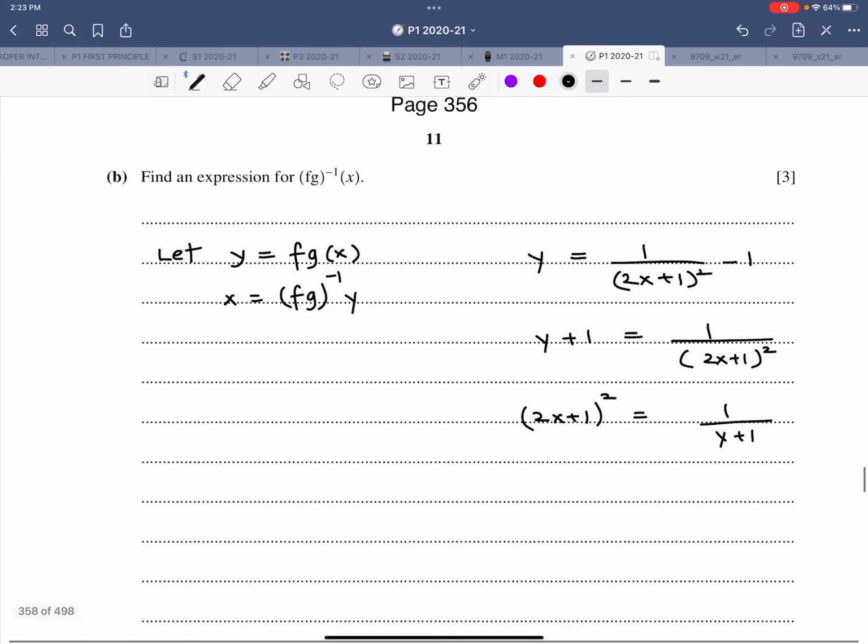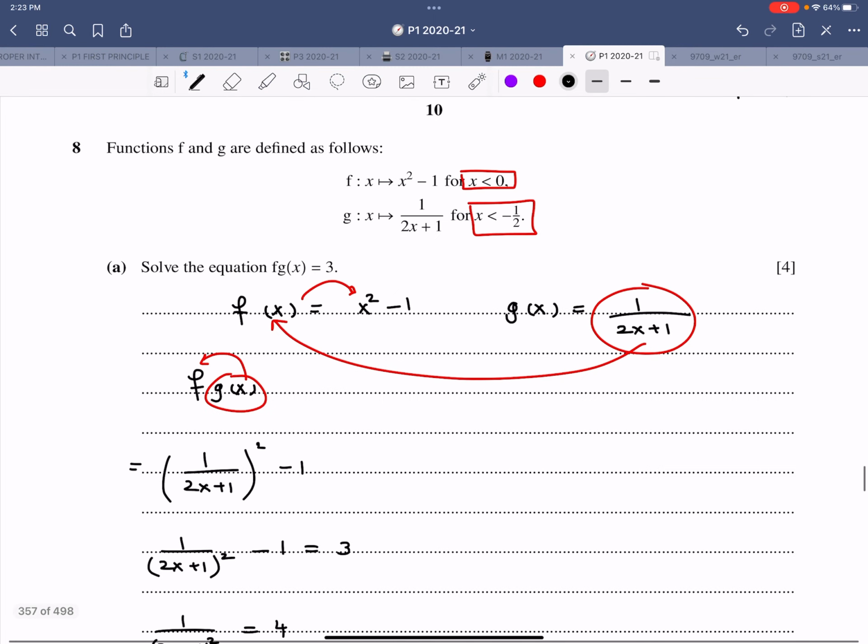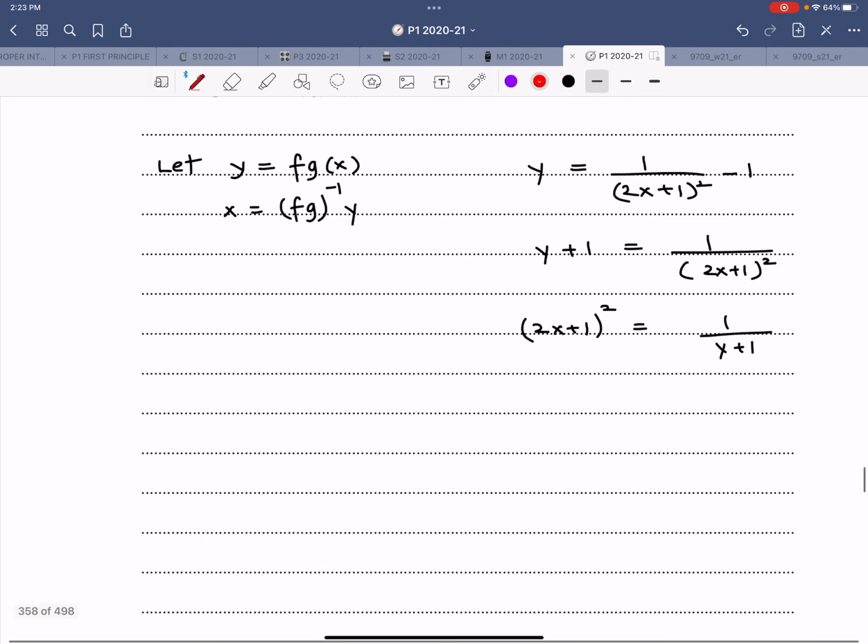And since you are going to the left in the inequality, the rule is left of turning point, but still it's just left and the left. We are not sure whether it's a turning point or not, as long as it's going left. So what we will do is apply the square root with a negative sign. So 2x plus 1 is the square root of 1 over y plus 1. Don't forget the negative sign.